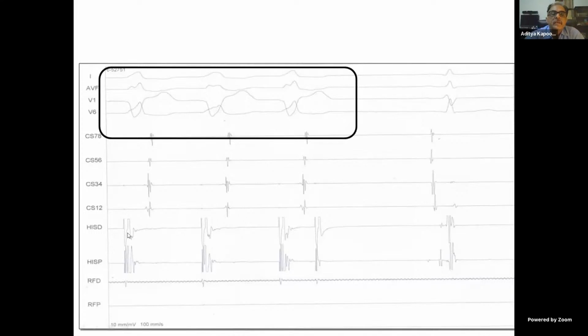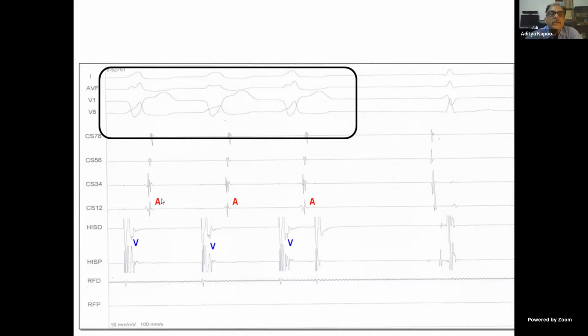If everybody can see, first pacing spike, second pacing spike, third pacing spike, fourth pacing spike. So there are 4 spikes, but in return for those 4 spikes, there are only 3 QRS. Right? The more premature I make the pacing, first it blocked in the node, then it will block in the ventricle.